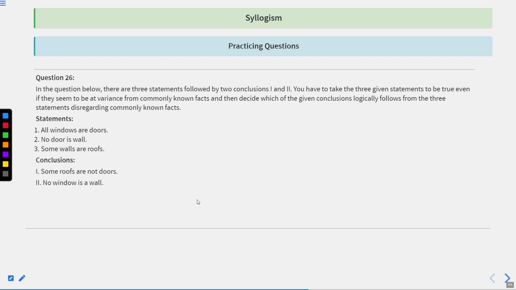Even the complicated ones could be solved very easily. And that is why this practice has been made a very important part of this lecture series.